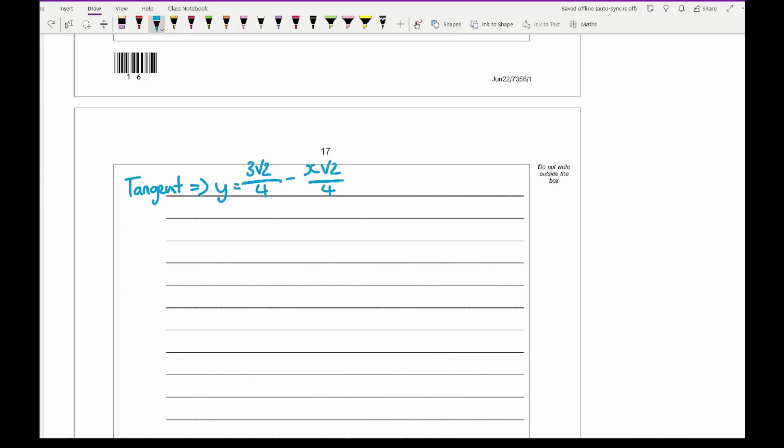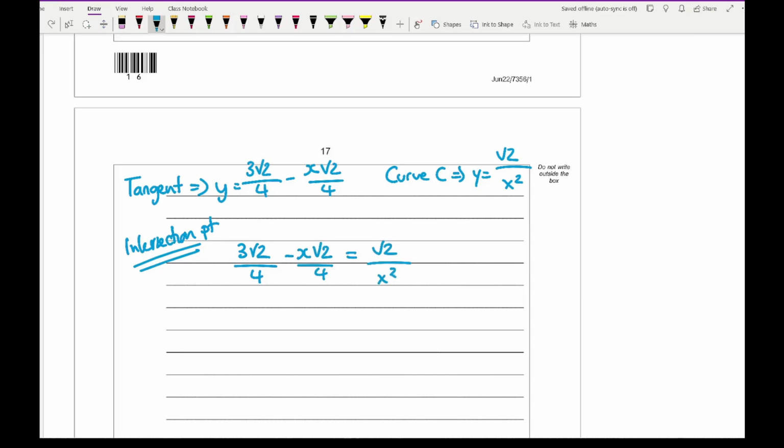I also know that the curve C is y equals root 2 over x squared. So these are the two equations that I'm working with. Now the intersection of those two, as they're both equal to y, is going to be 3 root 2 over 4 minus x root 2 over 4 equals root 2 over x squared.